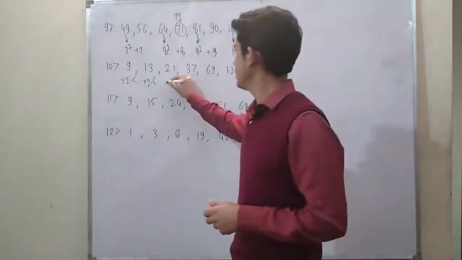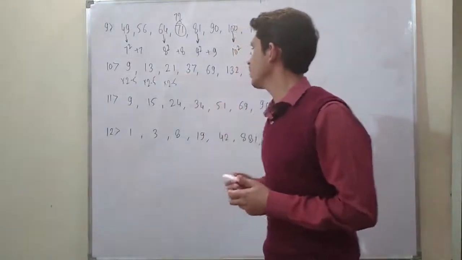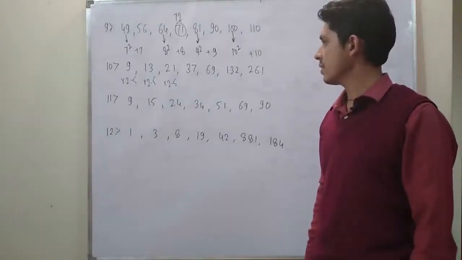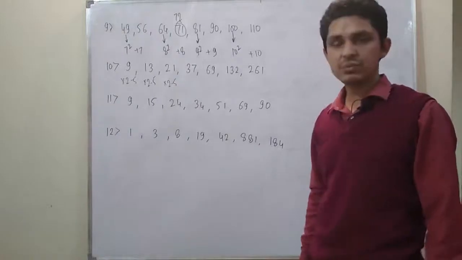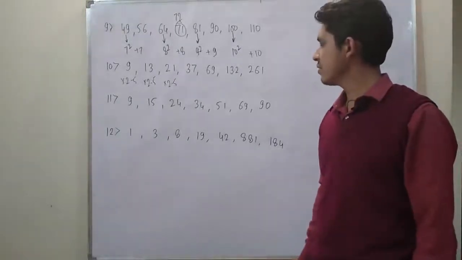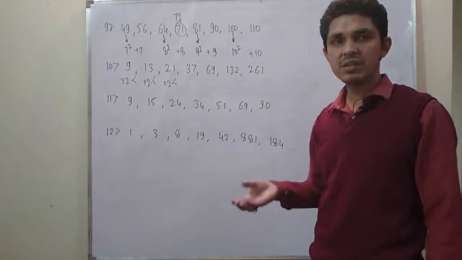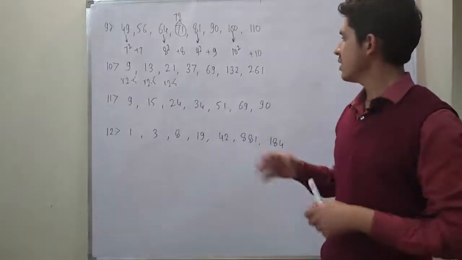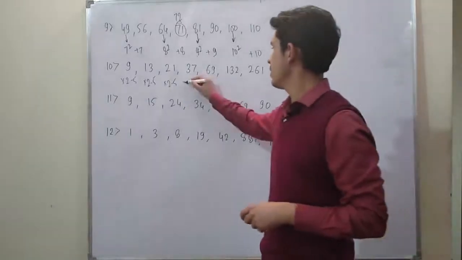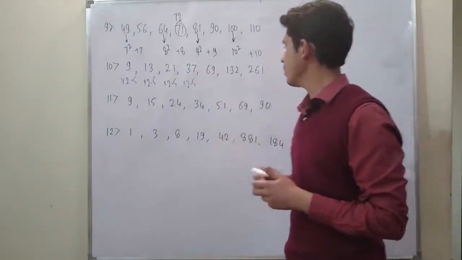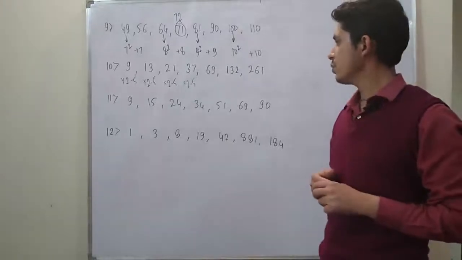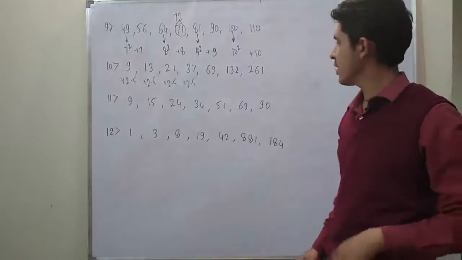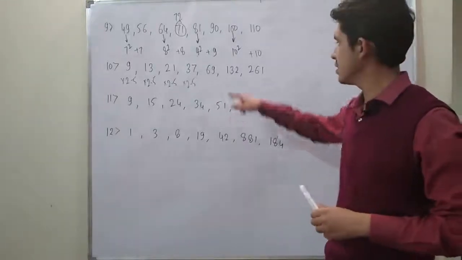And if we do the same thing, multiply by 2 minus 5, so 21 multiplied by 2, we will get 42, right? And 42 minus 5, we are getting 37. Thereafter, 37 multiplied by 2 minus 5, so 37 multiplied by 2, we are getting 74, and 74 minus 5, we are getting 69. That means this number is also correct.